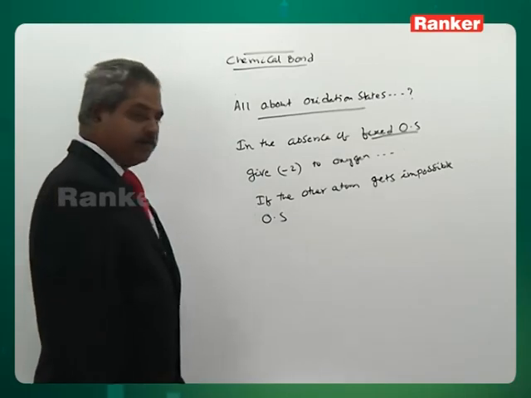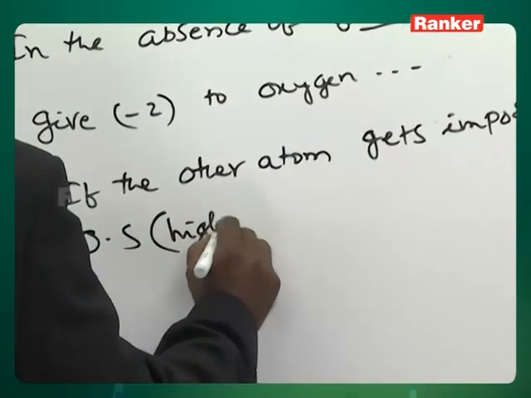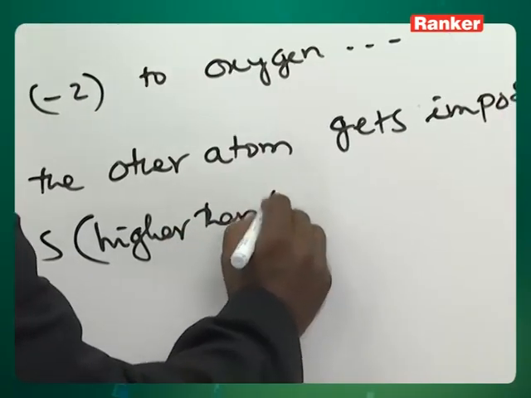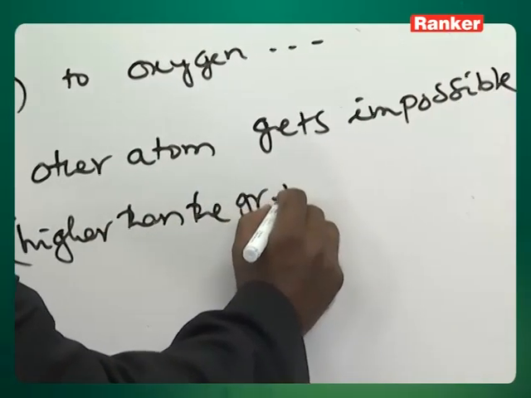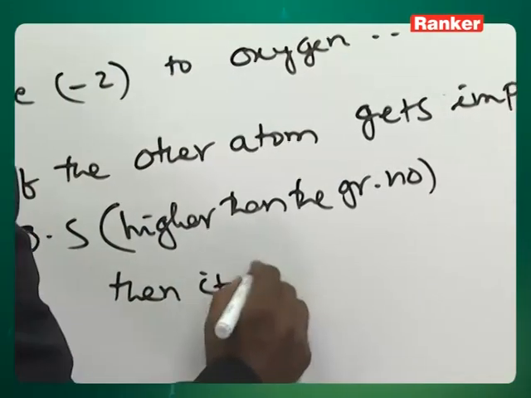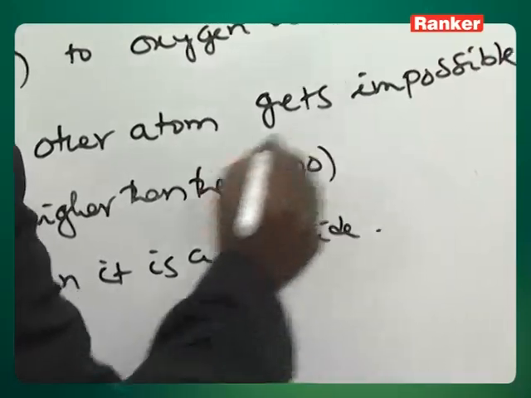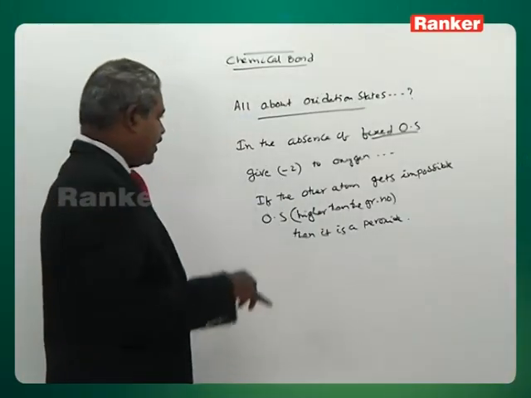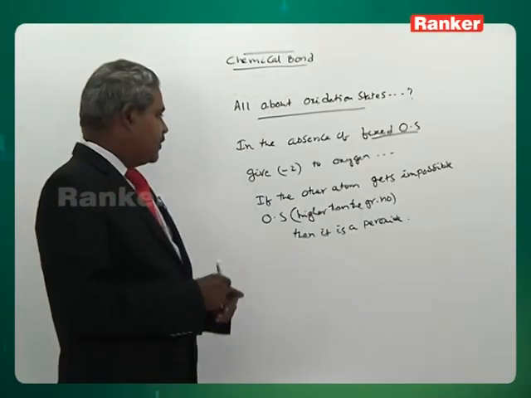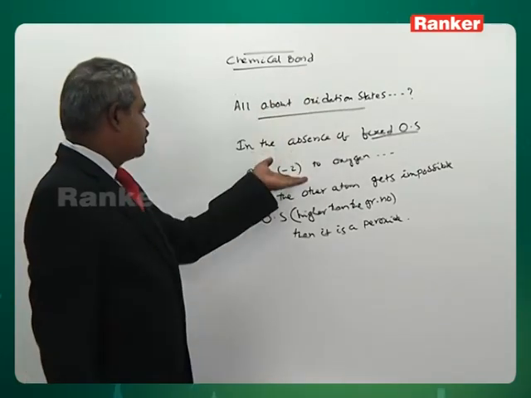What do you mean by impossible? Higher than the group number, then it is a peroxide. Means oxygen becomes minus 1. If oxygen is minus 2, others are becoming 2 plus, too much, too high positive charge.